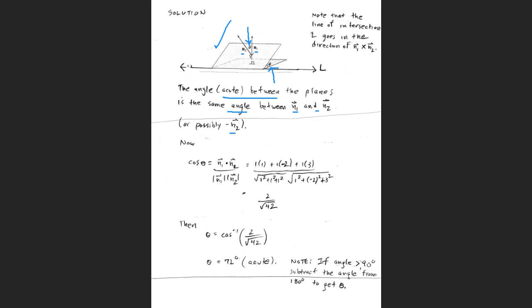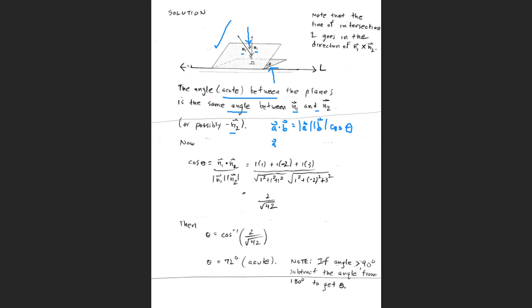So what we're going to do is we're going to say, okay, well, we know from the definition of the dot product that A dot B equals the length of A times the length of B times the cosine of the angle between the vectors.